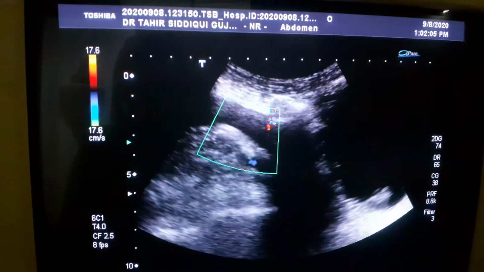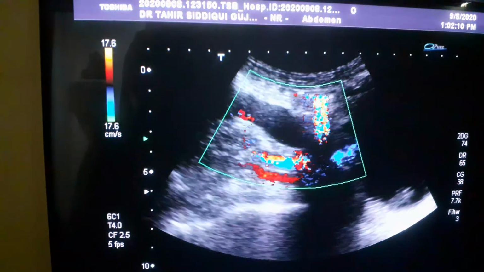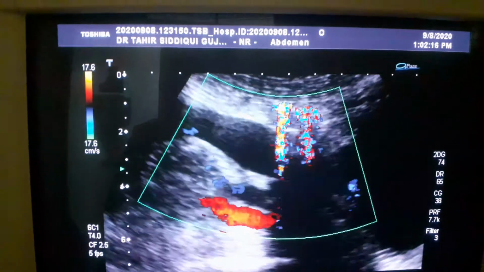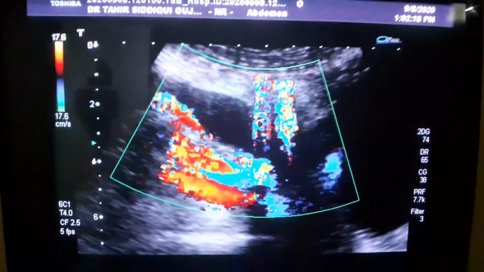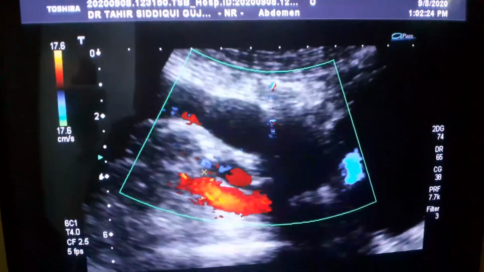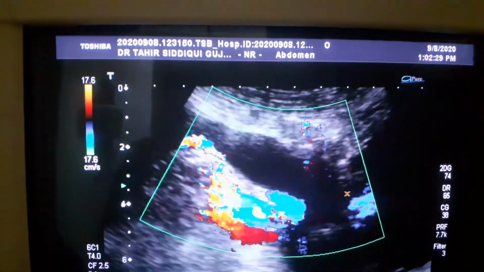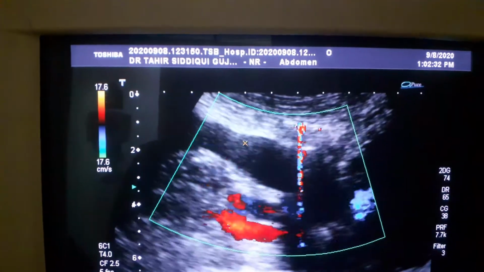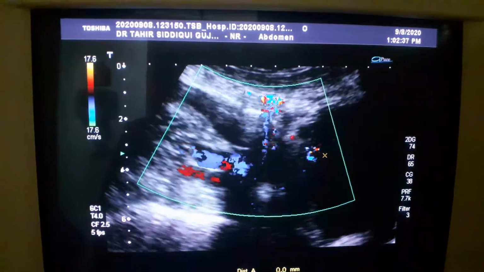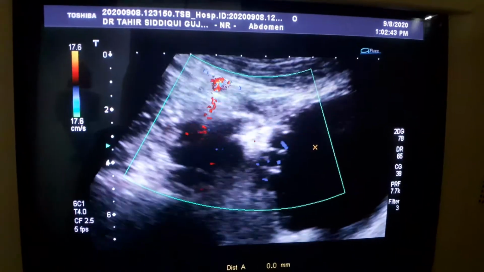These are the iliac vessels. This tubular structure is the distal ureter because it's not taking blood, and it enters the urinary bladder where the trabeculae are seen obstructing its view.